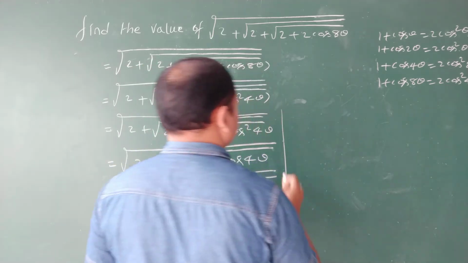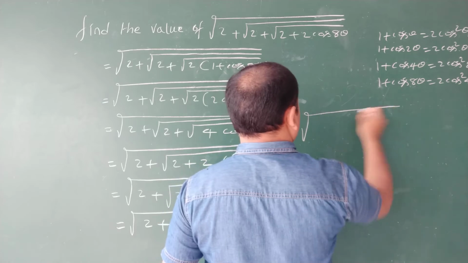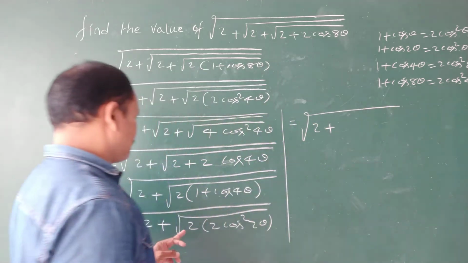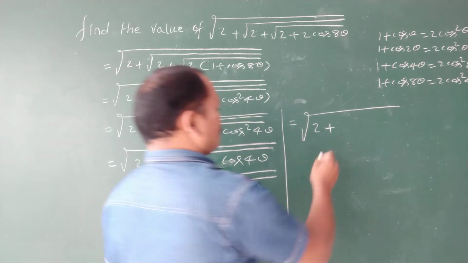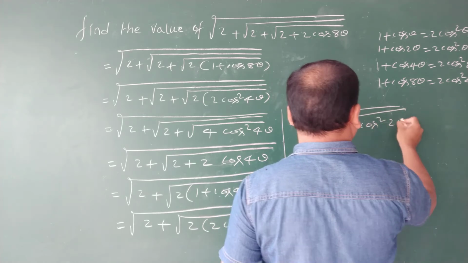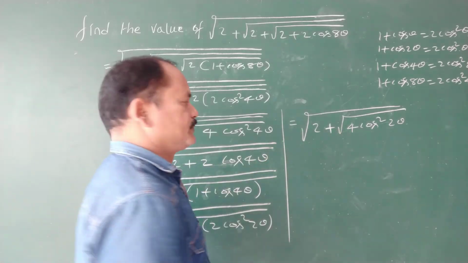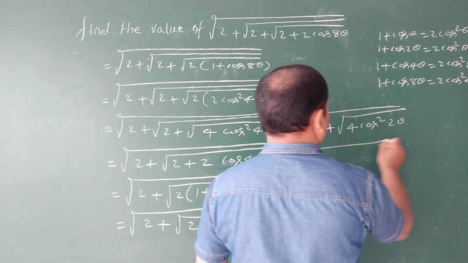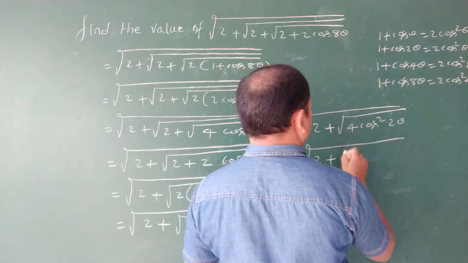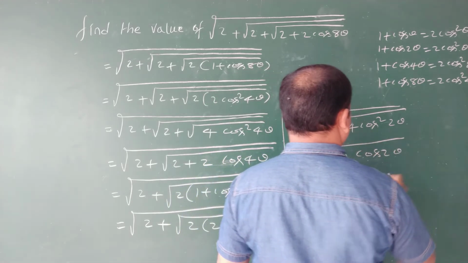Now from this, that is square root of 2 plus here root of 4 cos square 2 theta. That's why root 4 is 2. 2 plus 2 and root cos square 2 theta is cos 2 theta.